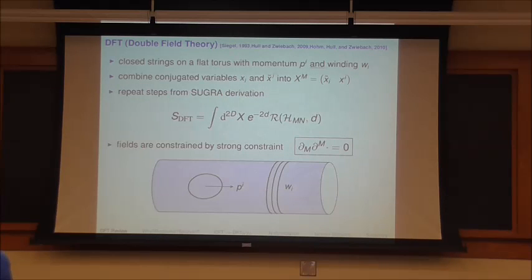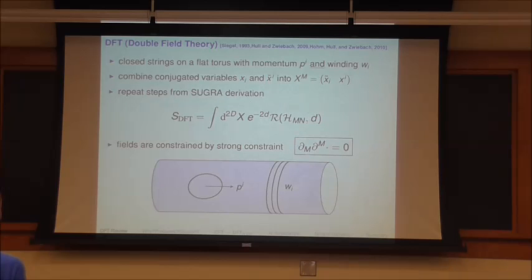And then we repeat the steps from supergravity in the fancy language of closed string field theory, and at the end of the day, we get this effective action here. This looks very nice because, first of all, it looks more compact than the one I've shown you on the slide before, because now we have an integral over the double space, and we have this object here, which is called a generalized Ricci scalar.